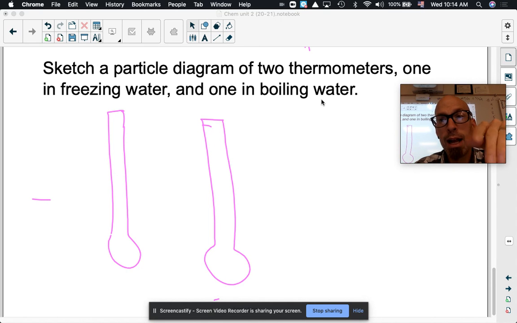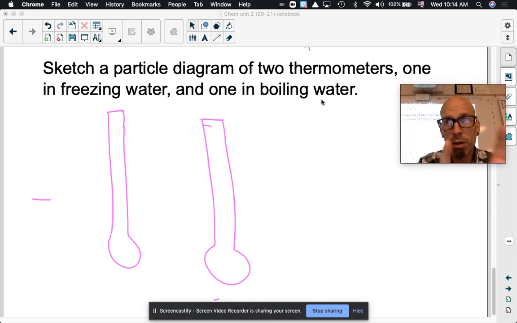We'll talk about that. I'm also going to post another thing. It's actually called the Changes of State worksheet. I'm going to post that as well, because we will talk about some things on that before you take the test. So at this point, you better know what the phase changes are, the changes of state.